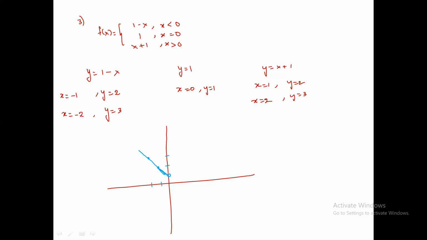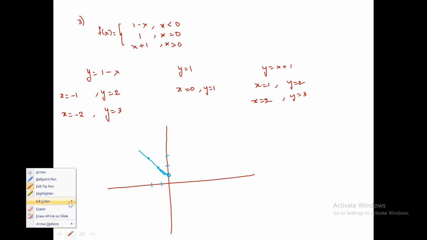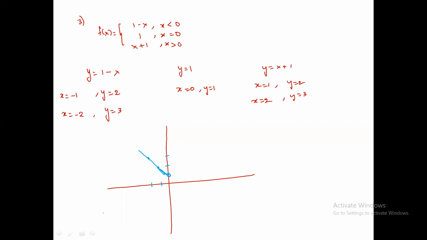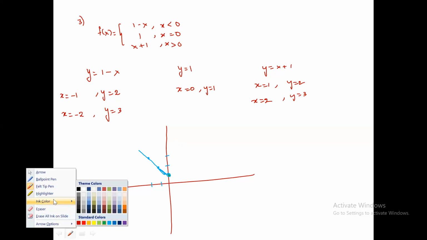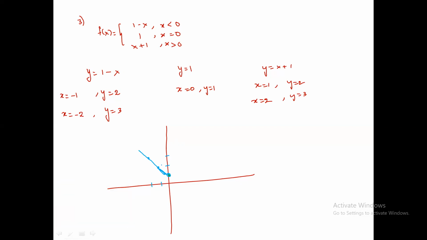But here you can't take 0, so you will put an empty circle. Now the next piece. When x is 0, y is 1, so you will put a point. (0, 1) is put here.